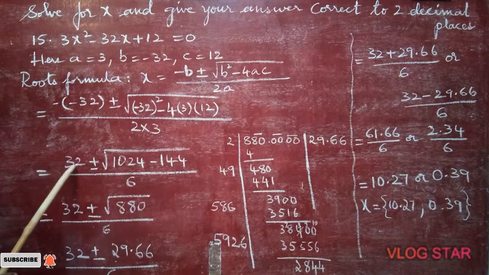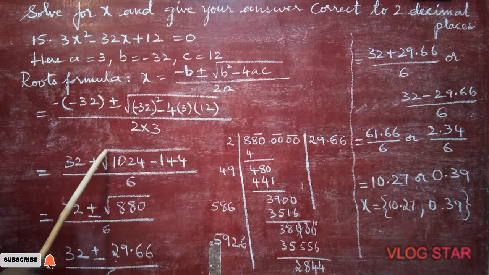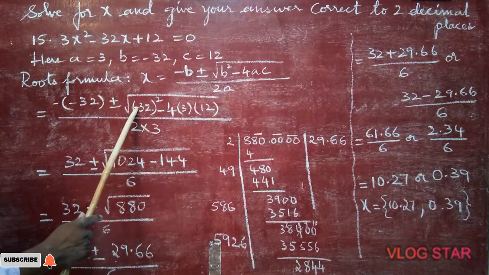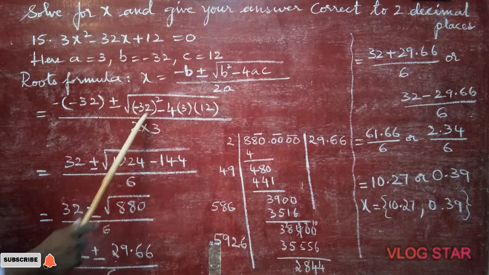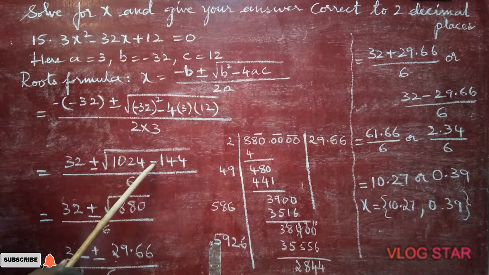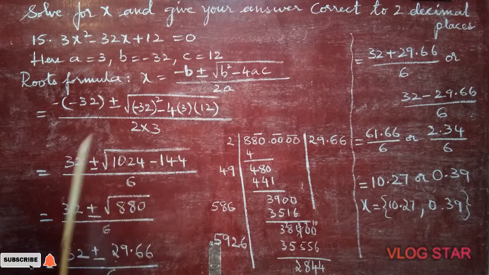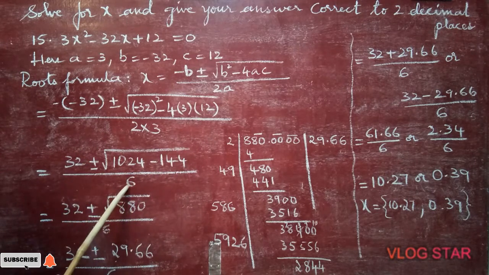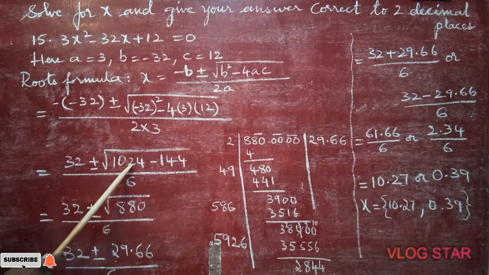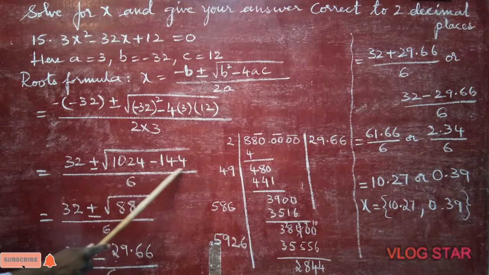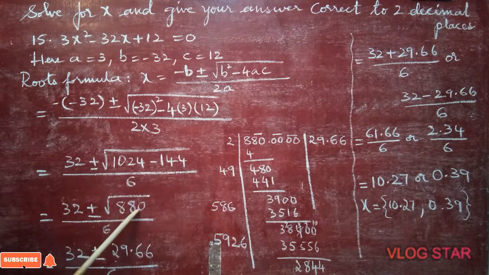Minus into minus is plus 32, plus or minus square root of 1024 minus 4 3s are 12, 12 12s are 144, divided by 6. 2 3s are 6. Now 32 plus or minus, if you subtract 1024 minus 144, you will get 880.